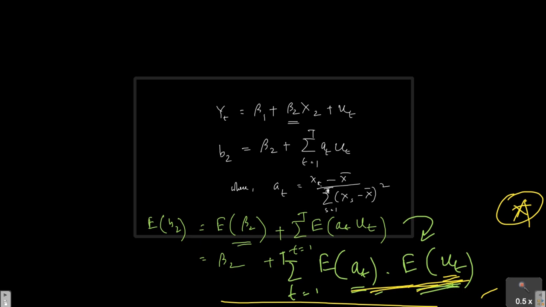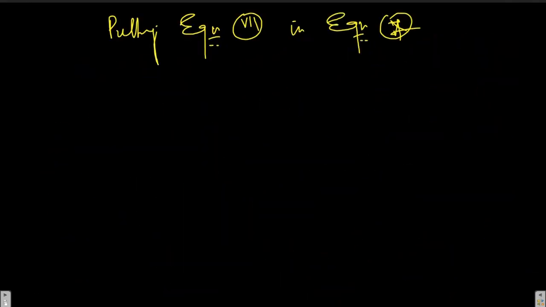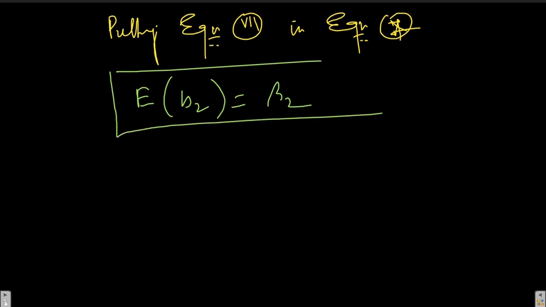So this term becomes 0. Essentially the result I get is that the expectation of B2 is nothing but beta 2. So I can claim that B2 is an unbiased estimator of beta 2. That's the proof I wanted to do here.